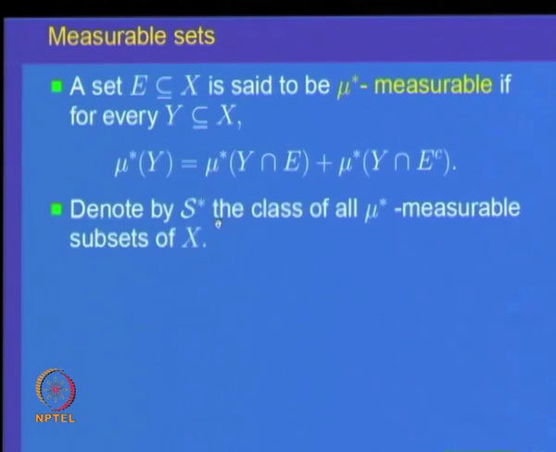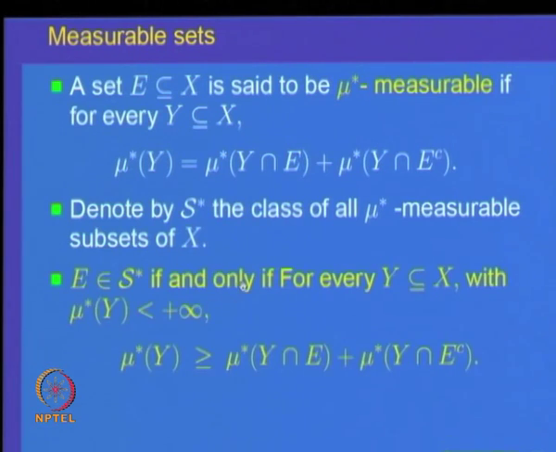And then we said let us denote by S star the class of all mu star measurable sets, and we gave an equivalent way of verifying when a set is outer measurable. The condition is that a set E is measurable if and only if for every subset Y in X with mu star of Y finite, we have mu star of Y is bigger than or equal to mu star of Y intersection E plus mu star of Y intersection E complement.